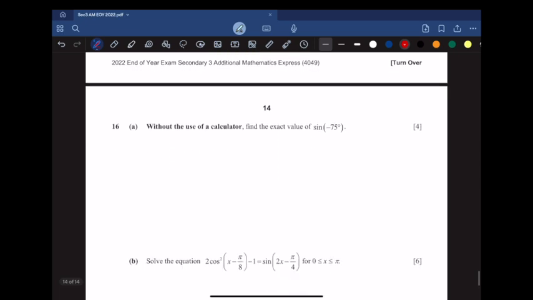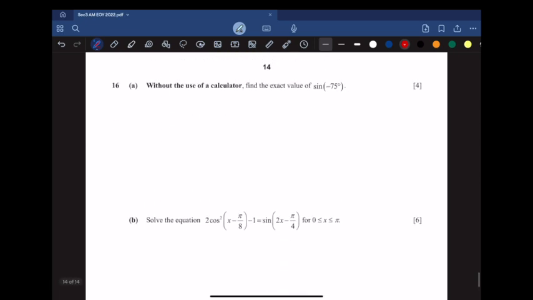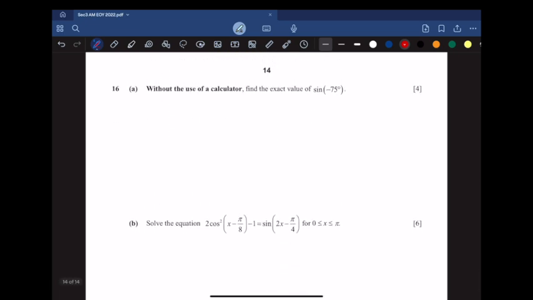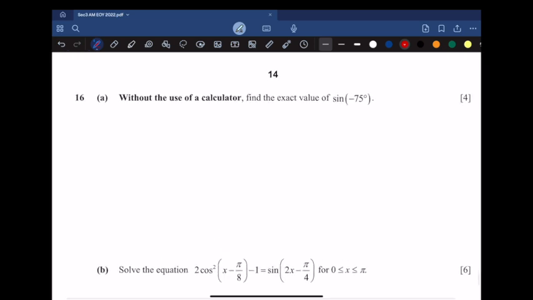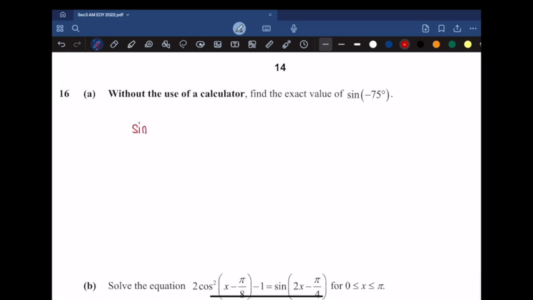Okay, moving on. The last question, question 16. Without the use of a calculator, find the exact value of sine negative 75 degrees. We know that sine negative 75 degrees is simply equal to negative sine 75 degrees. Without a calculator is a very special hint to tell you that you need to use exact values.